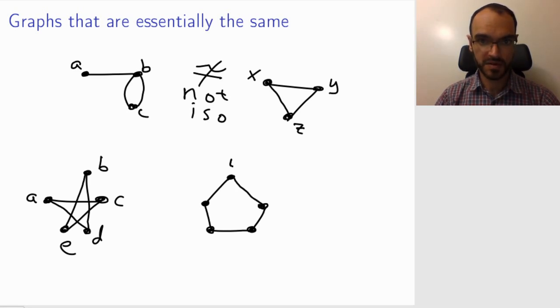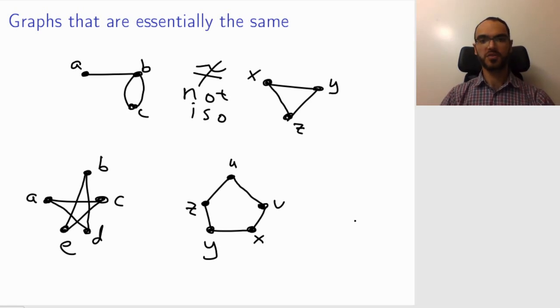And let's call the vertices U, V, X, Y, Z. Now my question to you, are these graphs isomorphic or not? Can you find a one-to-one correspondence between the vertices that respects the edge structure? Please pause the video and think about this.